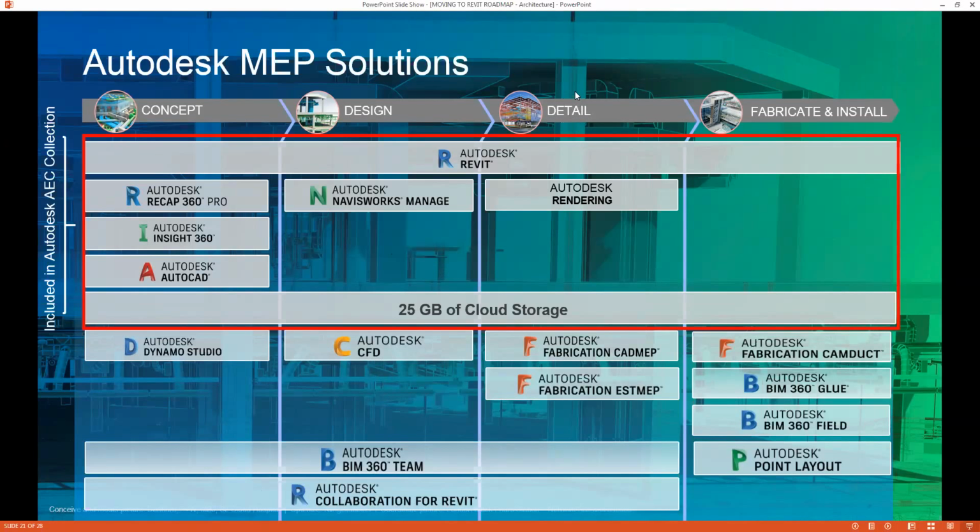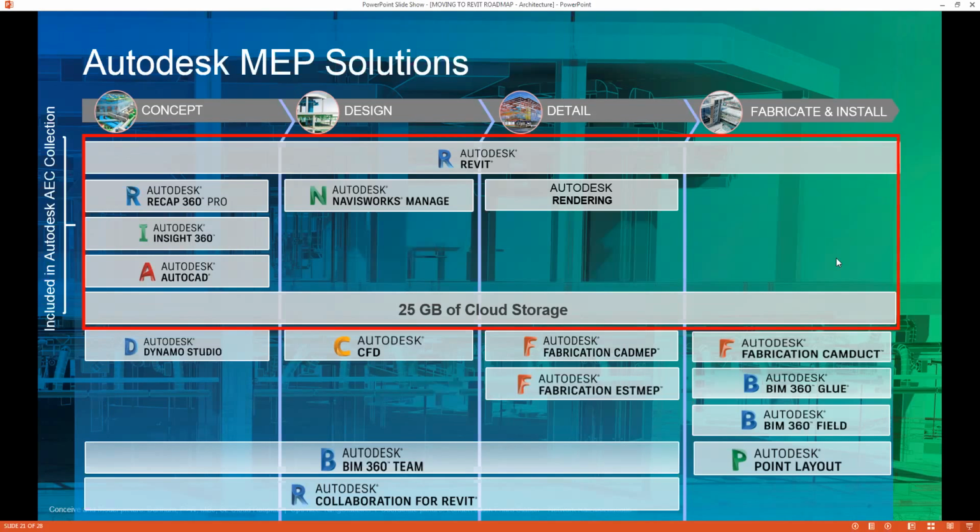Now, when you get to the detail stage, they use Autodesk Revit to ensure the details of the connections, the angles, the bends, the slope for their pipes, to make sure that flows are gravity assisted.